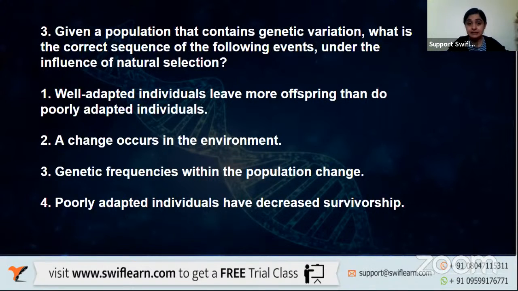I'm randomly reading the sequence that is already given on the screen. Well adapted individuals leave more offspring than poorly adapted individuals. A change occurs in the environment. Genetic frequencies within the population change. Poorly adapted individuals have decreased survivorship.